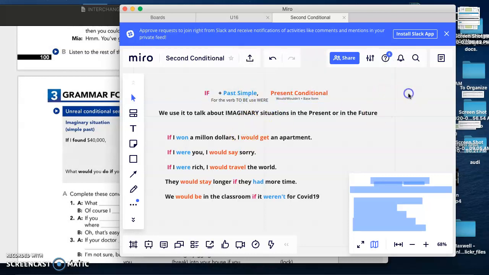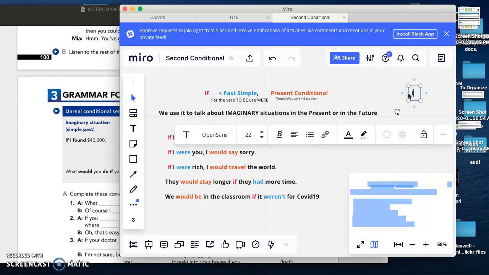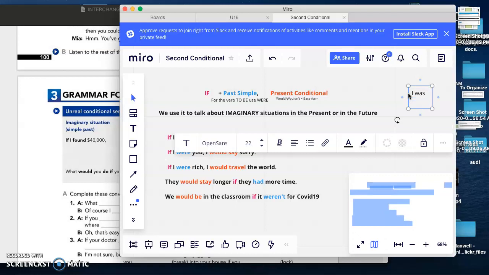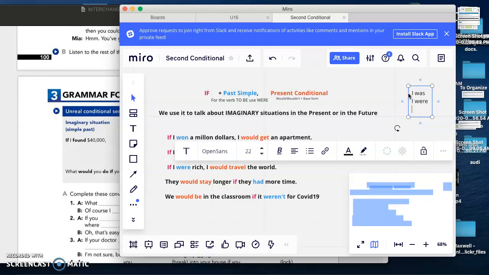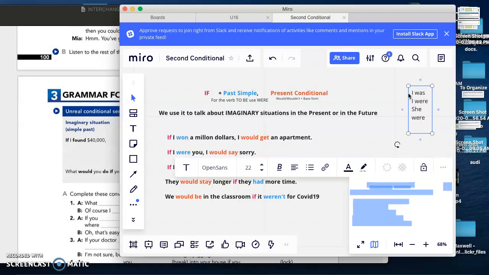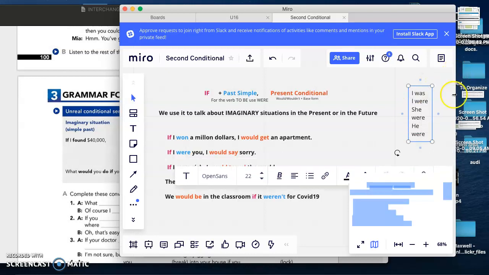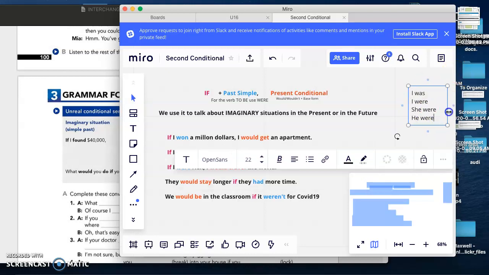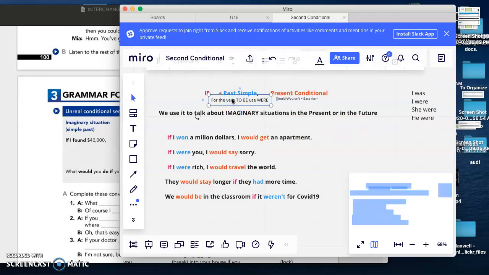So instead of saying something like I was, we will be saying I were, she were, he were, for example. So we are basically just using were when we are talking about the verb to be, using the second conditional all the time. And then we use the present conditional, which is would or wouldn't plus the base form of the verb.